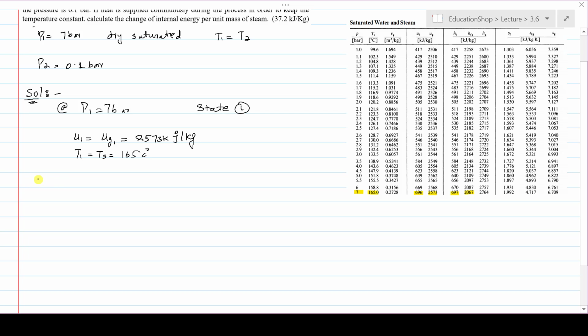Now for state point 2, the steam is in the superheated region. The pressure P2 is 0.1 bar and the temperature T2 is equal to Ts, which is 165 centigrade. Now at this pressure and temperature, we will look in the superheated region and calculate the corresponding internal energy U2.